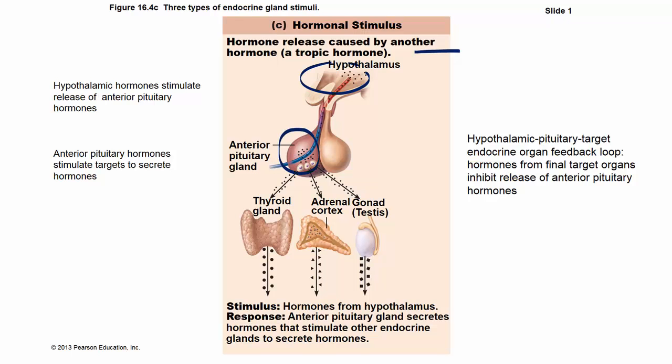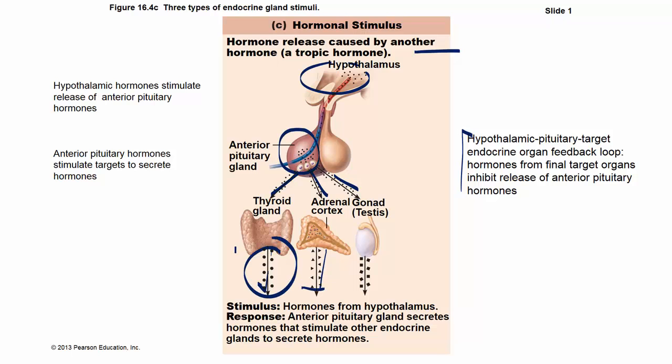And then these anterior pituitary hormones can go out to other endocrine glands and cause even more hormones to be released. So it's one gland making a hormone that goes to another gland, causing that gland to make and release more hormones. Okay, so this is your hypothalamic pituitary target loop. This is what I was showing you earlier.